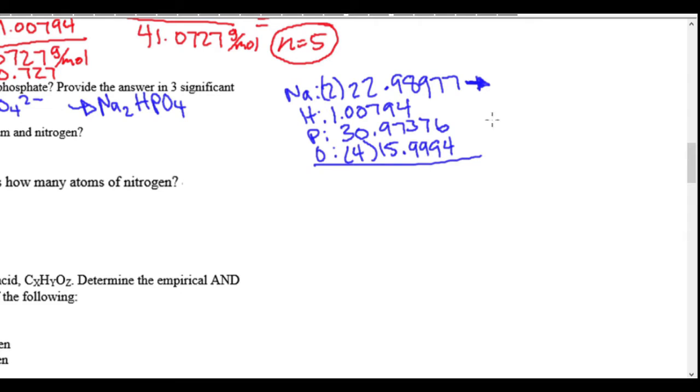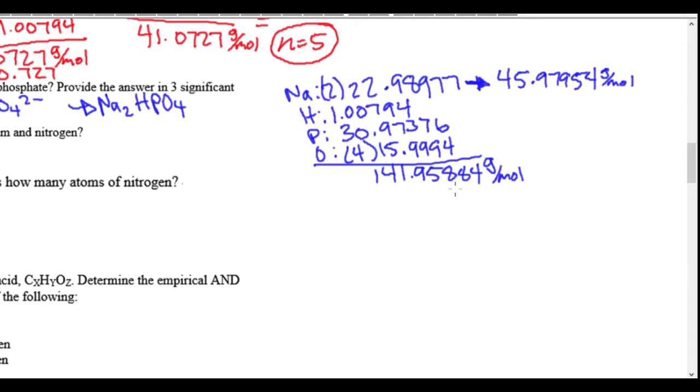This gives us a grand total of 141.95884 grams per mole. But when we do this separately, we get a total mass of 45.97954. So we want to make sure we have that off to the side.